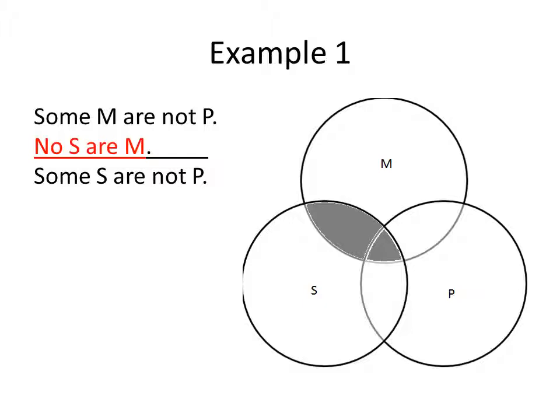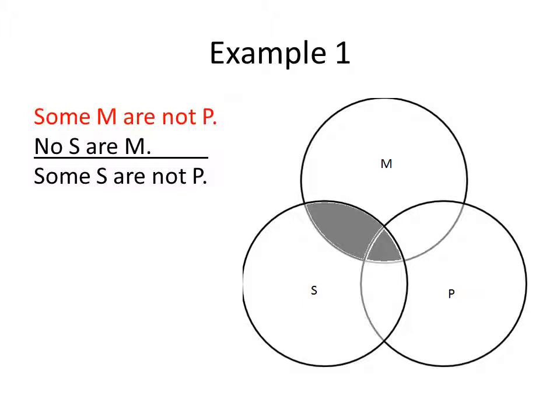So I've shaded sections 2 and 3. This is the part where the S circle overlaps the M circle, and I've shaded this part to show that there's nothing there. We're told that none of the S's are M's, so the parts that have been shaded would be the parts where the S's that are both S and M would be. Those don't exist, so we shade there.